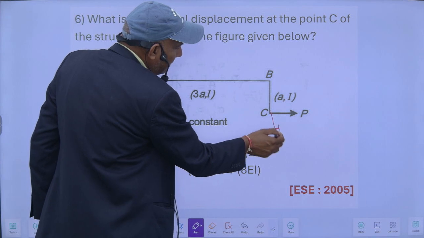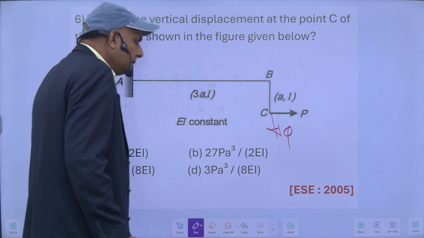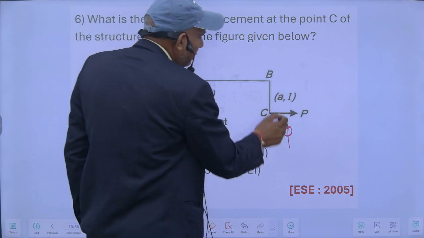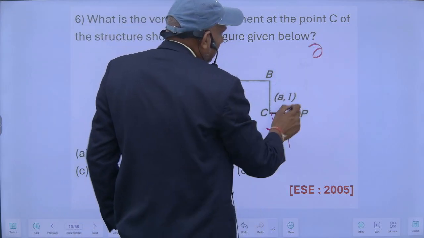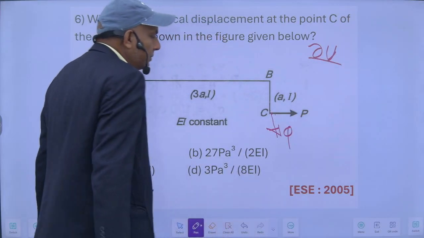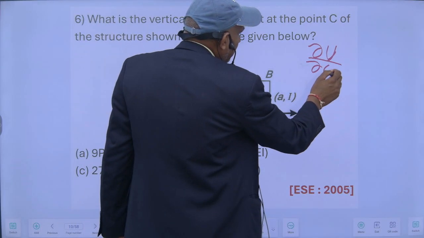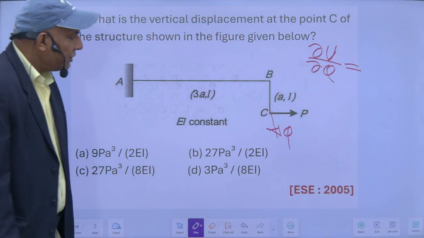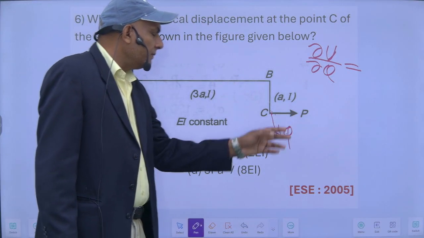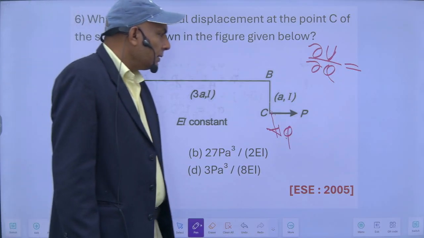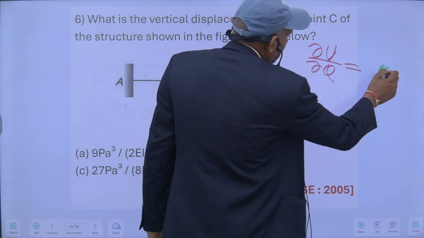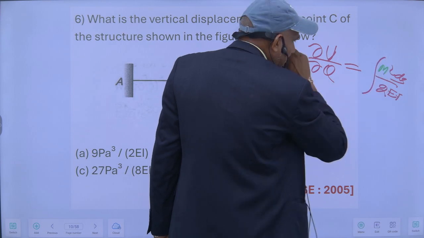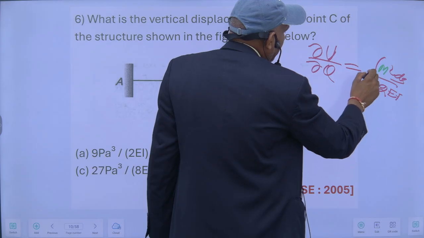Suppose I apply an imaginary load Q. As per Castigliano's theorem, the partial derivative of the strain energy stored with respect to Q will give the deflection at this point. After differentiating and integrating, I will put the value of Q equal to 0. The strain energy formula is M square dx upon 2EI.